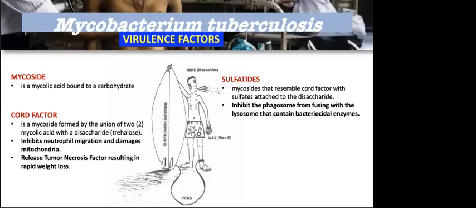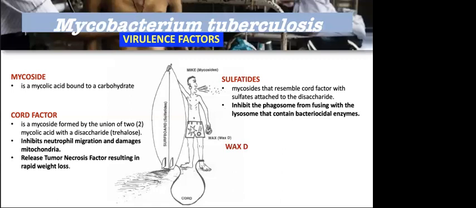Why? This is because your sulfatides will inhibit the fusion of lysosome bags with the phagosome bags that would contain the TB bacilli. So there will be no digestion of the infectious agent, primarily because the lysosomes will not be able to come in contact with the phagosome bags.